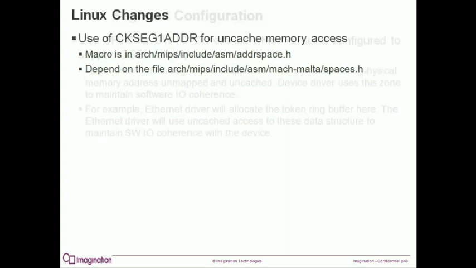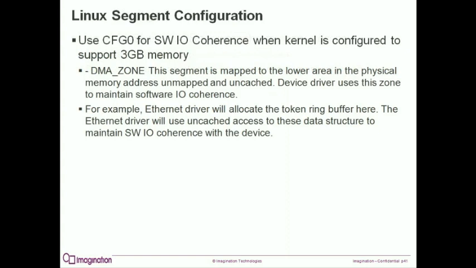RAM. When the kernel is configured to support 3 gigabytes of memory, it will use the CFG0 segment as a DMA zone. This segment will be configured by the kernel as unmapped and uncached, configured into the lower area in physical memory.